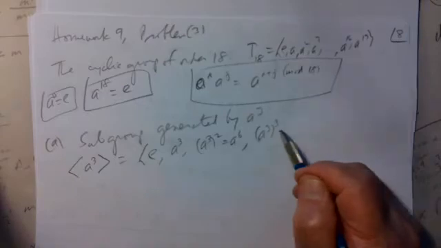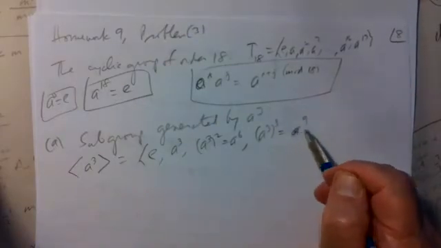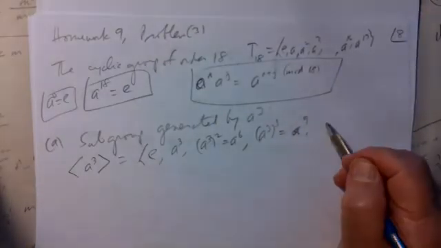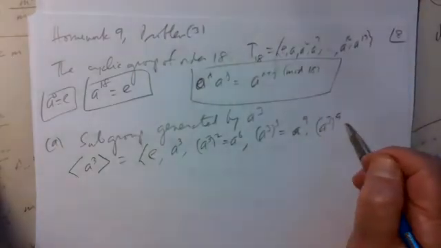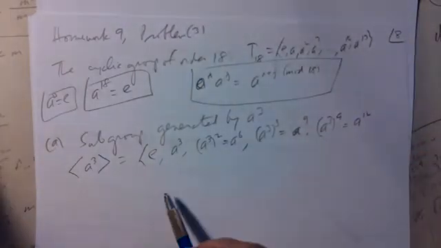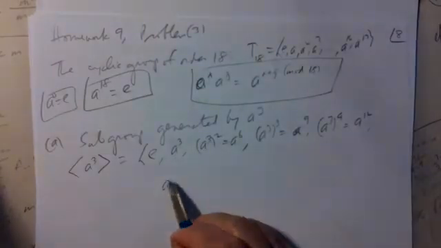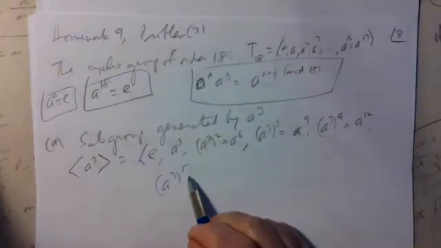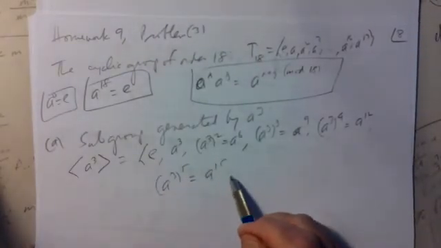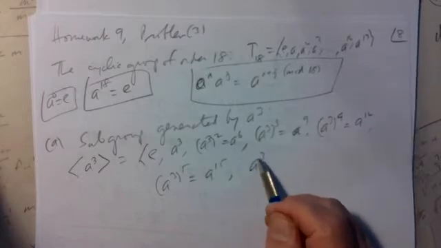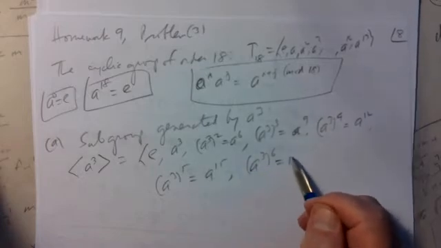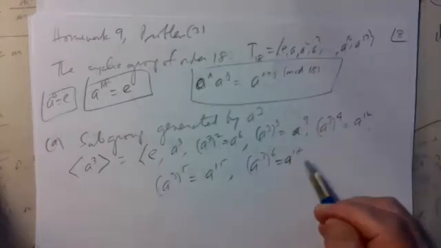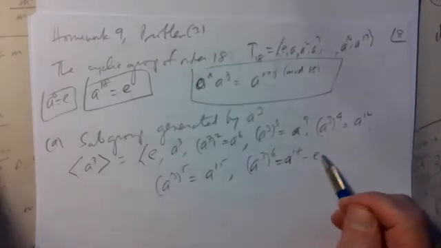A cubed cubed is a to the 9th. A cubed to the 4th power is a to the 12th. A cubed to the 5th power is a to the 15th. A cubed to the 6th power is a to the 18th, which is just the identity again.